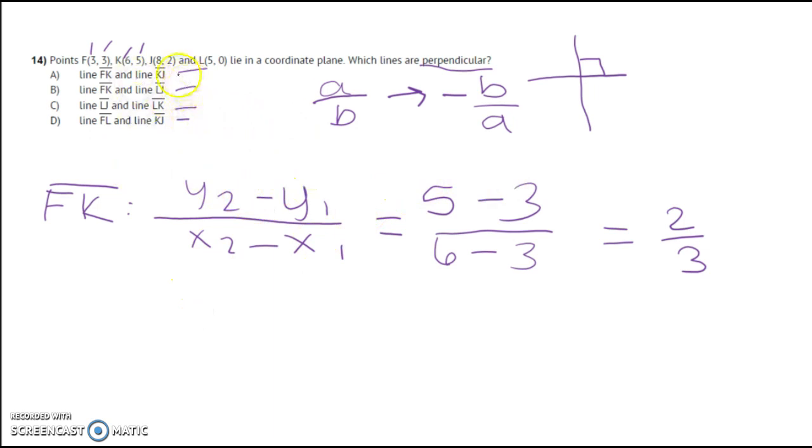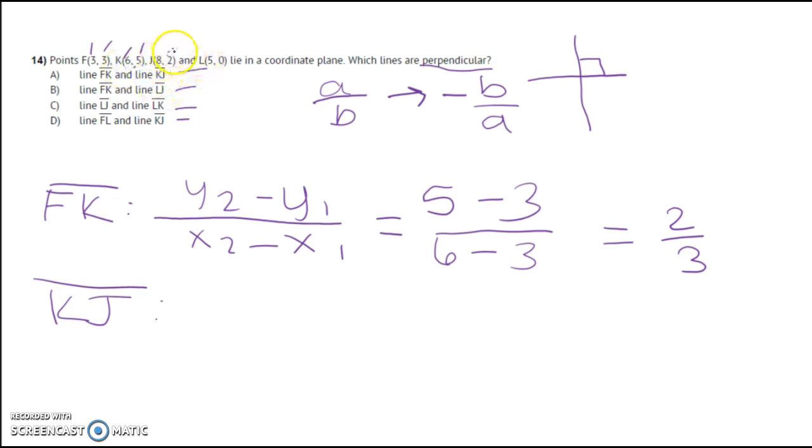Now for KJ, which is the second part of this pair here, the slope, same thing, y2 minus y1 over x2 minus x1, except this time we're doing it with point K and point J. So point J will be our x2, y2, point K will be our x1, y1.